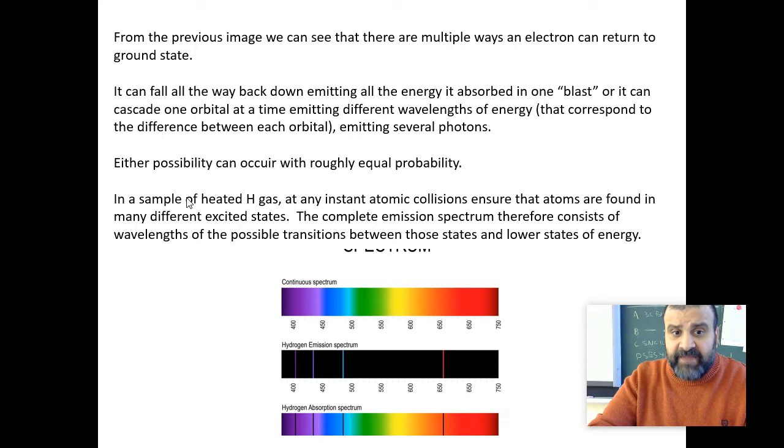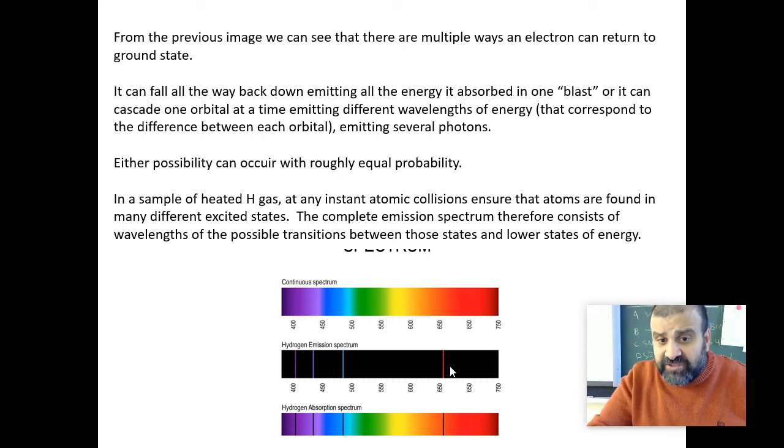So, in a sample of heated hydrogen gas at any instant, atomic collisions ensure that atoms are found in many different excited states. So you're going to get some where they're excited 1 step, 2 steps, multiple steps. The complete emission spectrum, right? So here's the emission spectrum, therefore consists of wavelengths of possible transitions between those states and lower states of energy.